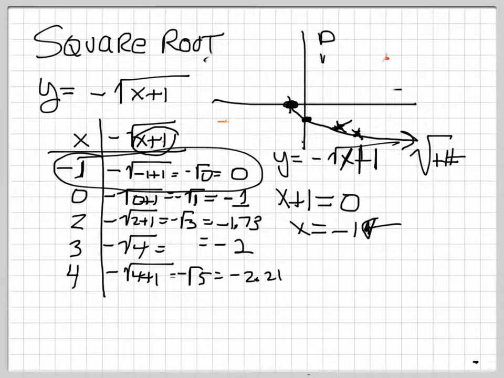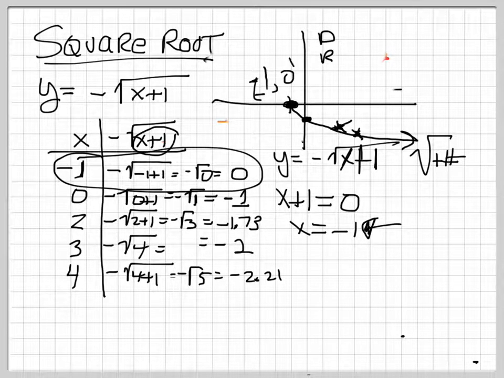So now I need to come up with the domain and range. Well, the square root function is the toughest one because it has a specific domain and range. And we have to consider where it started at, which would have been negative 1, 0 is where this graph started. So the domain started at negative 1 and was every point after that.